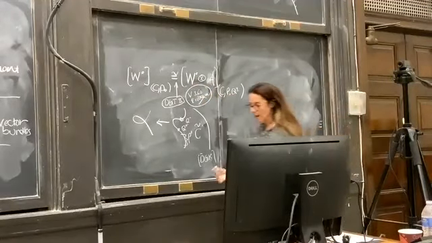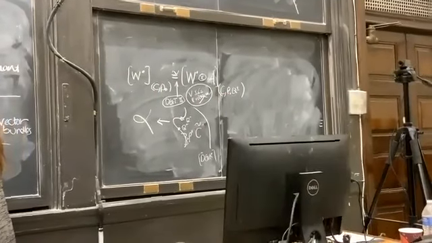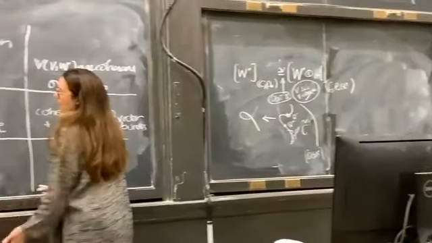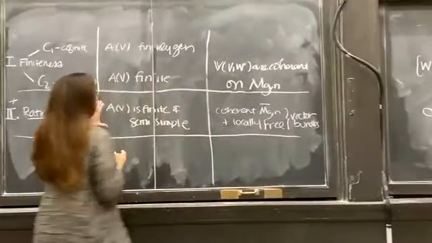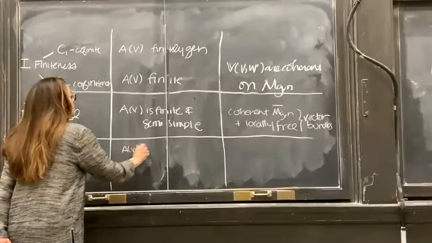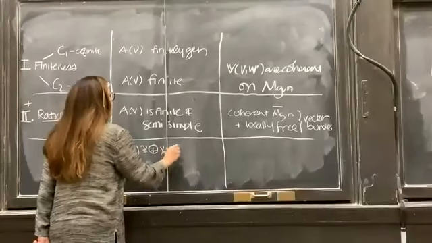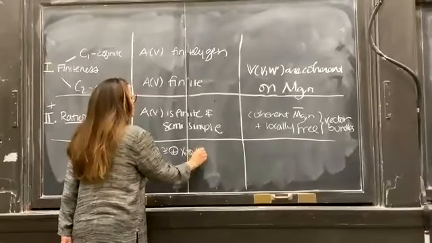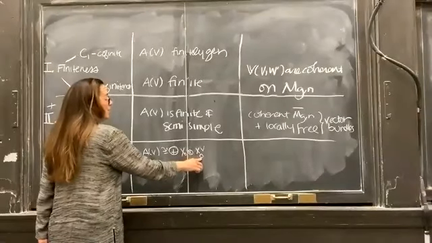And now what that means is that you can translate information about the module structure for A of V to the module structure for V using these functors. So for example, if A of V is finite and semi-simple, then it has a bimodule decomposition. It factors as a sum of left and right modules, namely the simple module and the dual.